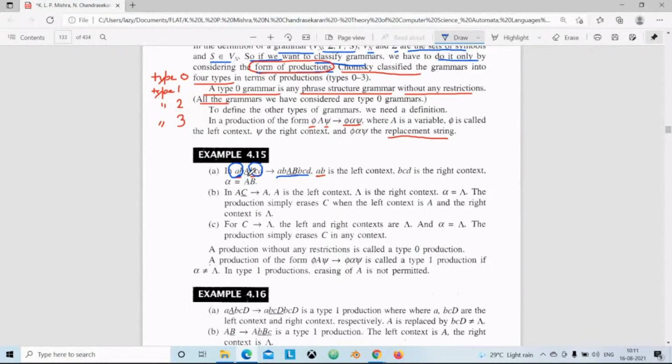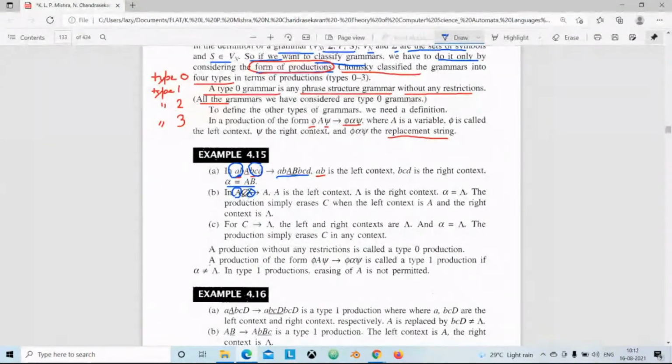Likewise, in aC → a, a is the left context, nothing is there, so empty is the right context, and alpha is empty. C is getting erased.